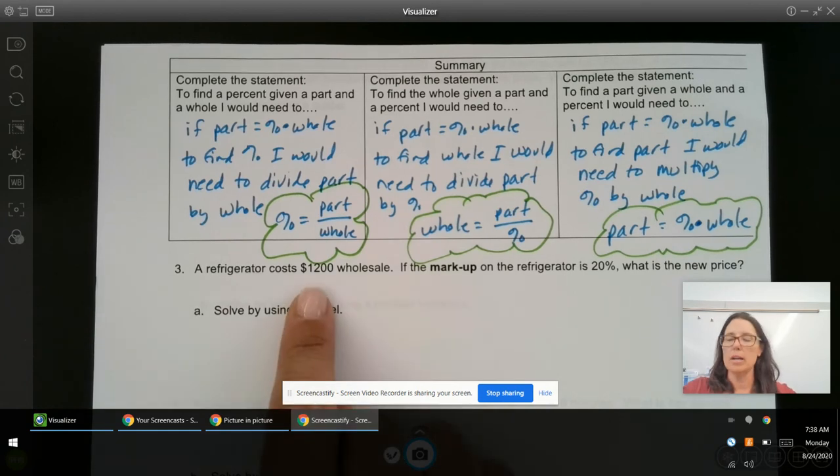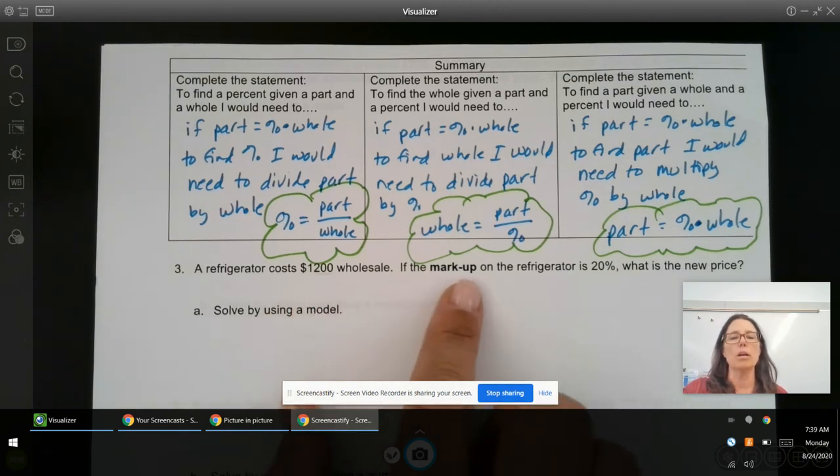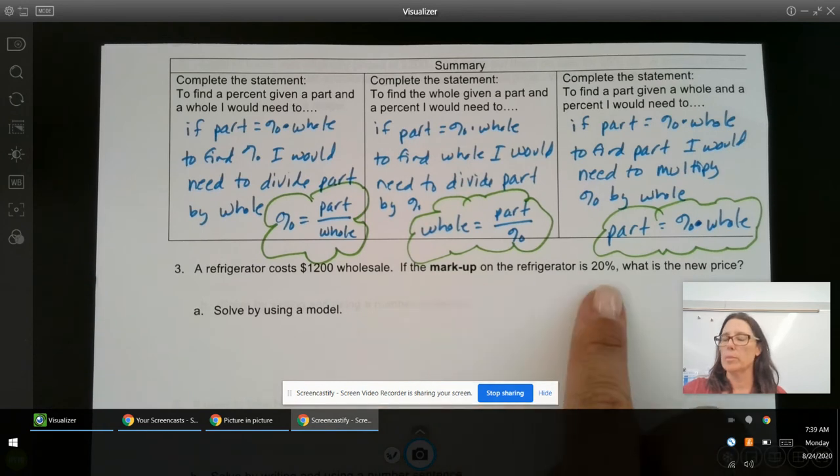Let's say they got it directly from GE, and it was $1,200. They need to mark it up 20% to make some money off of it. We want to know what the new price is after marking the refrigerator up 20%.